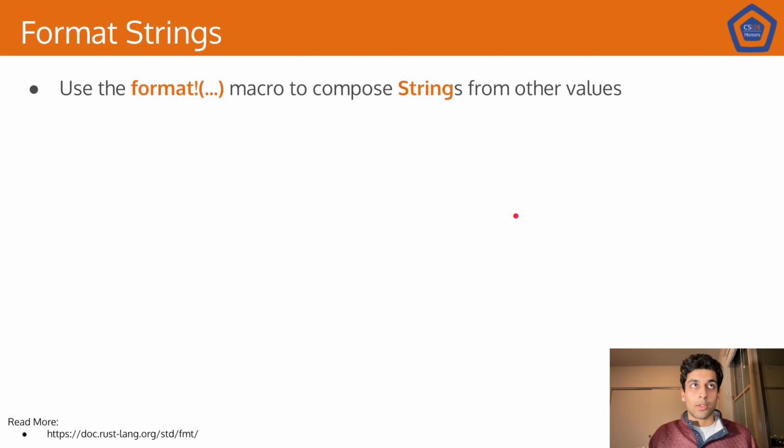Okay, so I also want to talk about format strings. You'll see these in the lecture. You can use the format macro. I say macro and not function because it can take a variable number of arguments, and I want you to notice this little exclamation mark. You need that. And this format macro composes capital S Strings from a bunch of other values.